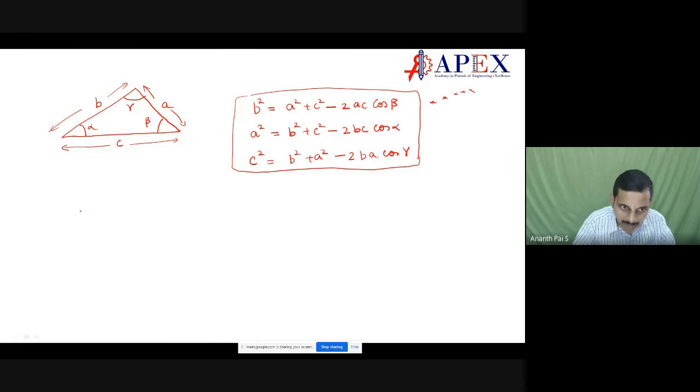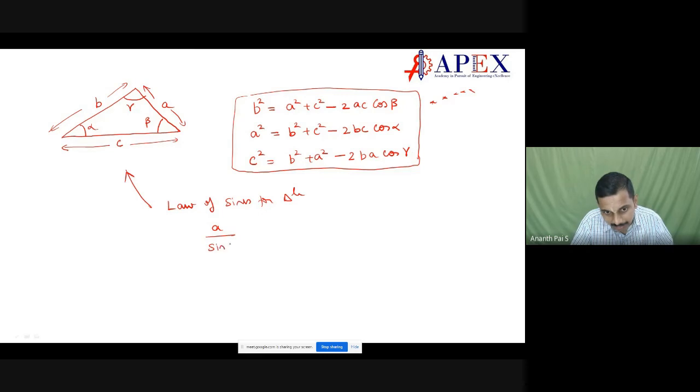Another point, even for this triangle, there is a law of sines. What is the law of sines? We can say A by sine alpha is equal to B by sine beta, which is equal to C by sine gamma.